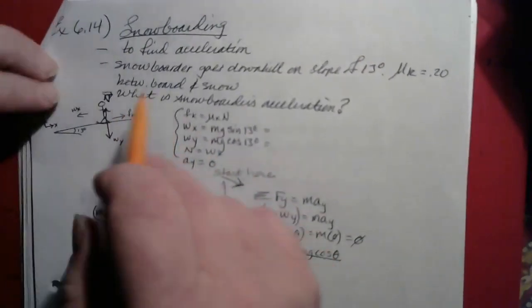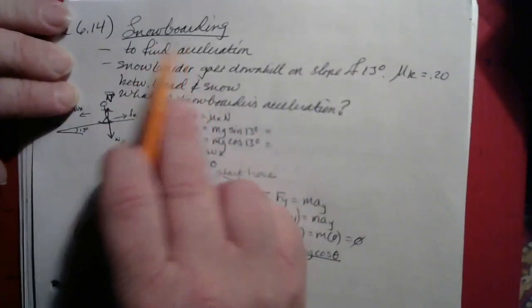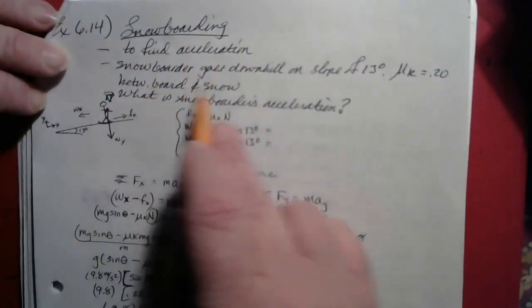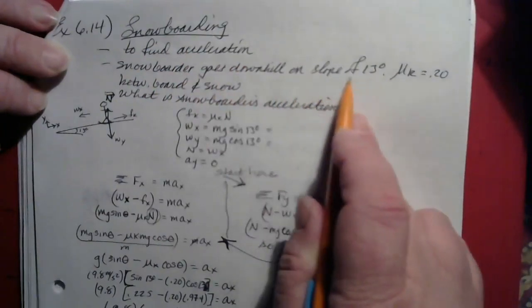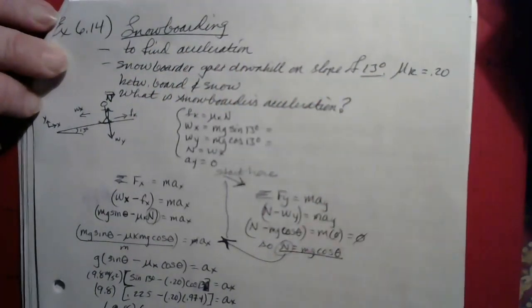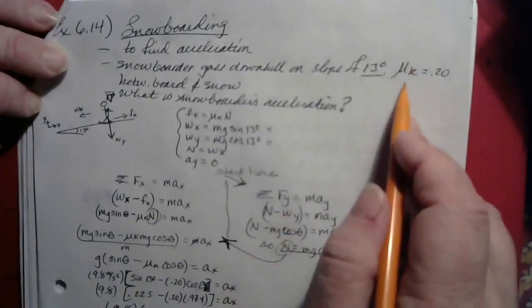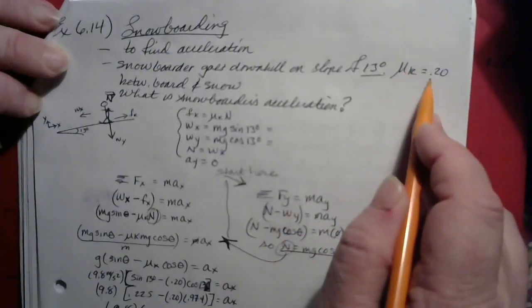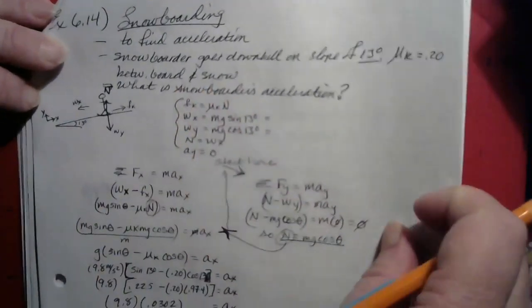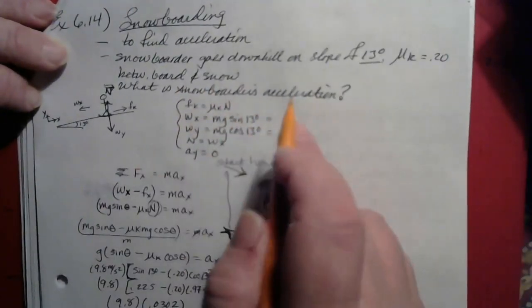And that comes into play in this next example, which is about a snowboarder accelerating downhill. You've got a snowboarder going downhill on a slope of 13 degrees. So there's your angle. And the coefficient of kinetic friction is 0.20 between the board and the snow. And so what is the snowboarder's acceleration?